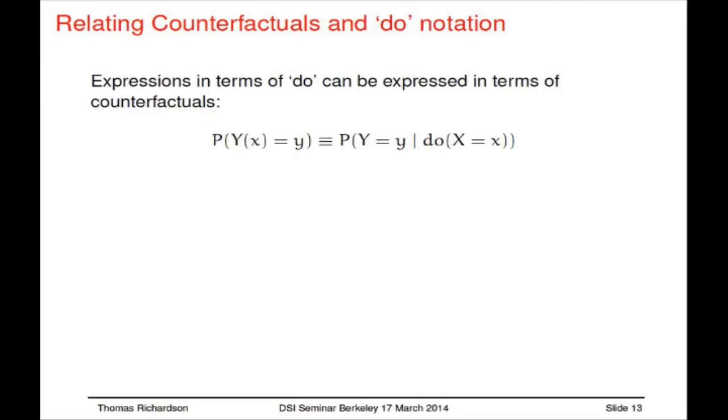In case there are people who have come across the graphical framework that I'm about to talk about in a moment, and have come across the do notation that was introduced by Pearl, I want to take a second to relate what we saw in terms of potential outcomes to the do notation. So this quantity here would be written in the do notation in this way.